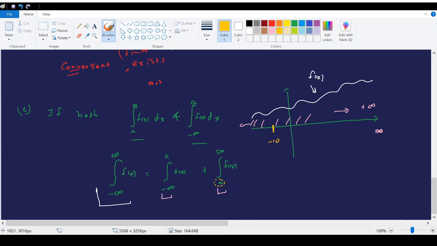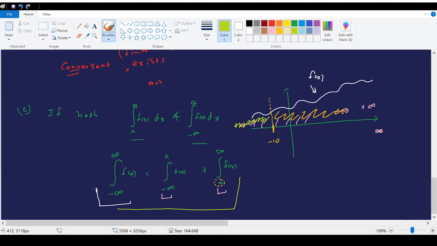So this equation will represent that the same area throughout this region can be obtained by computing this area separately and adding that area to the one you have in the left hand side, right? So that's the kind of meaning in this equation, right?